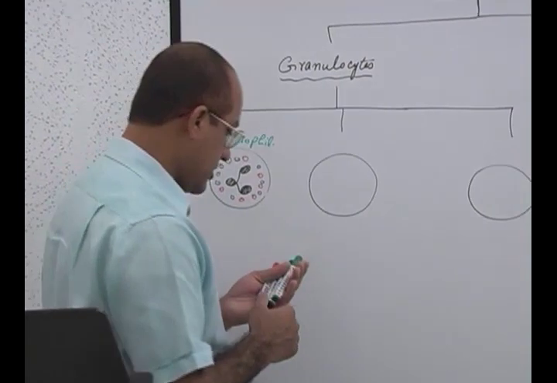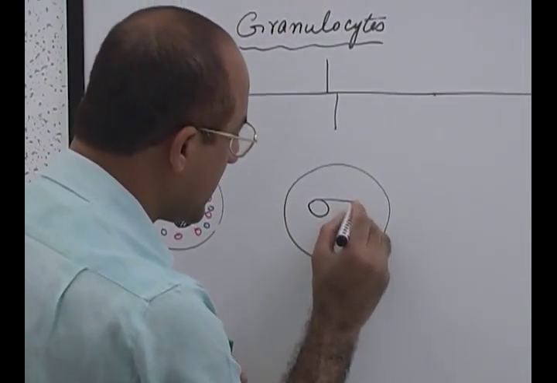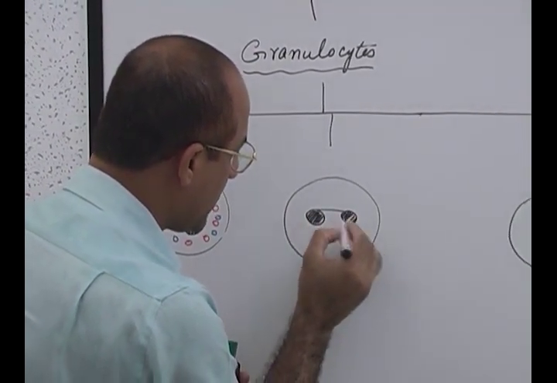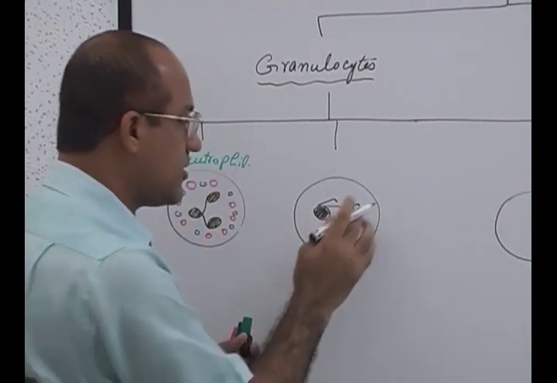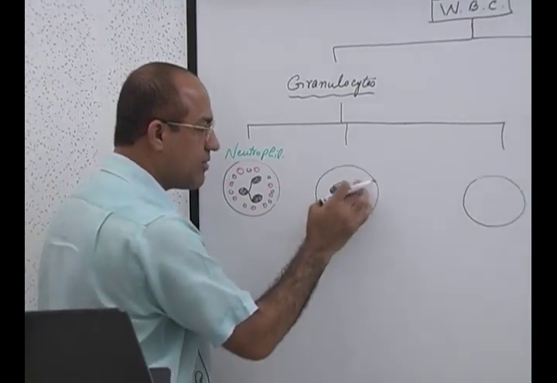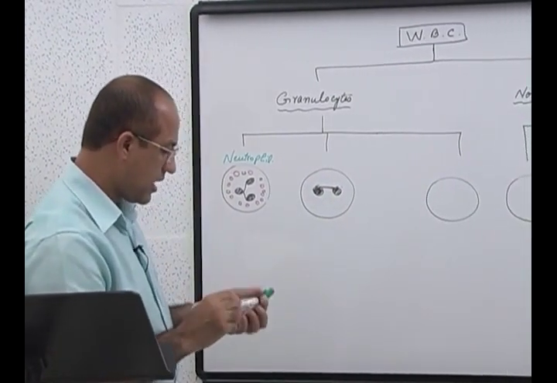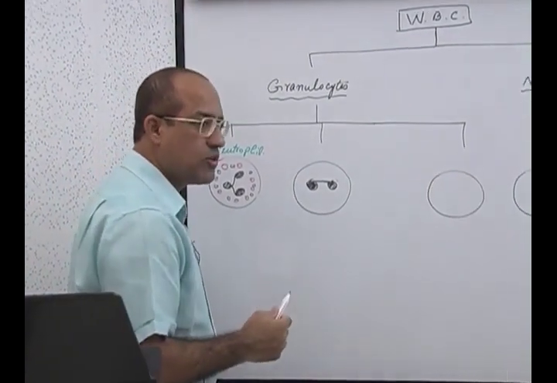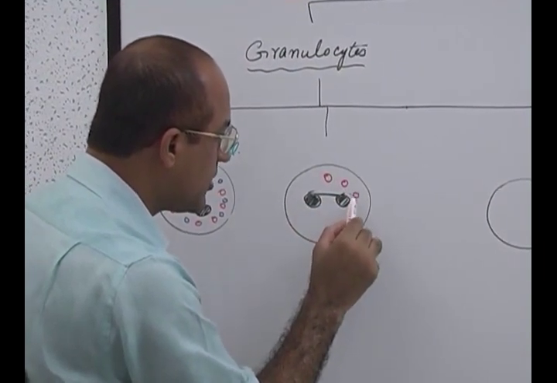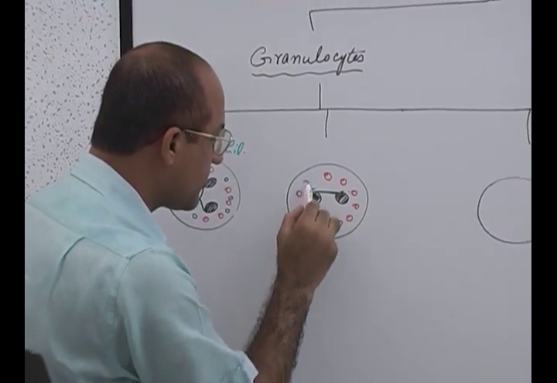Then there is the eosinophil. I always feel somehow that it is wearing glasses. Classically, eosinophils have a bilobed nucleus, and they have specific granules which are stained by eosinophilic dyes or acidic dyes.